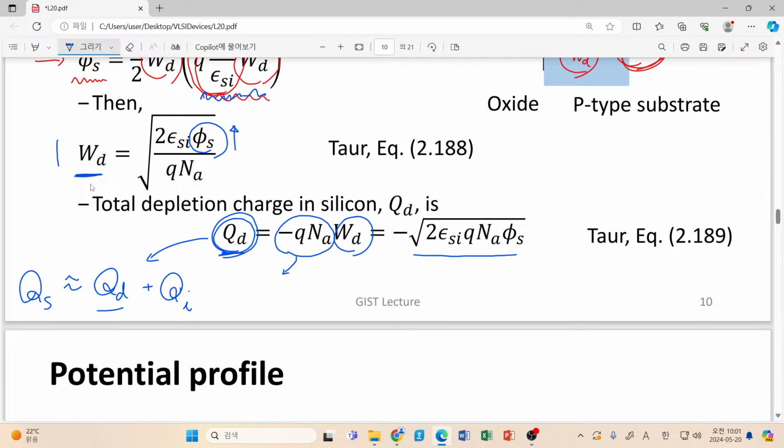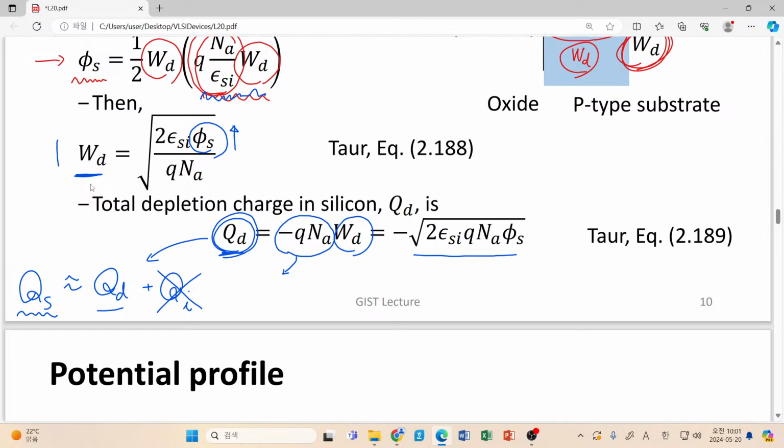However, right now we are considering a gate voltage far lower than threshold voltage, so the inversion charge does not have any contribution. So the depletion charge can be regarded as all of the charge in our substrate, silicon charge, semiconductor charge, whatever. So now you can see this relation.